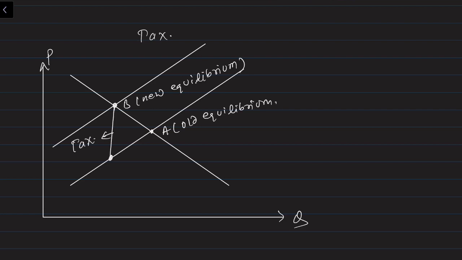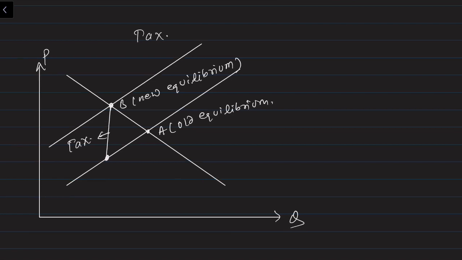Okay, and the vertical distance between the new supply curve and the old supply curve is the same because these two are parallel. Okay, now what is the price paid by buyers?